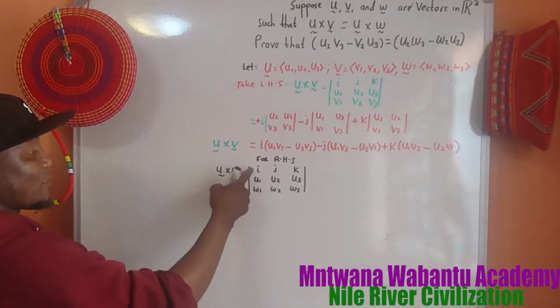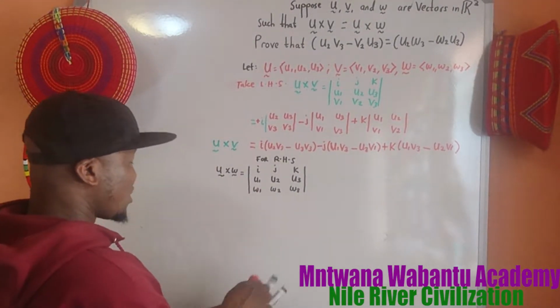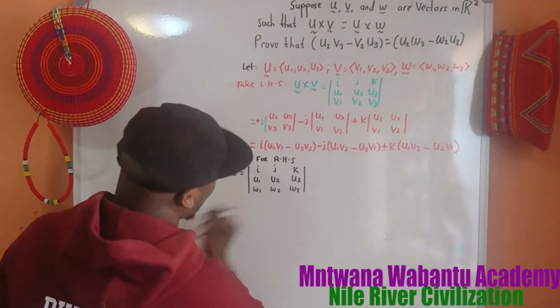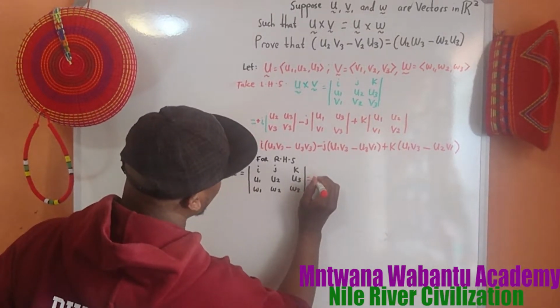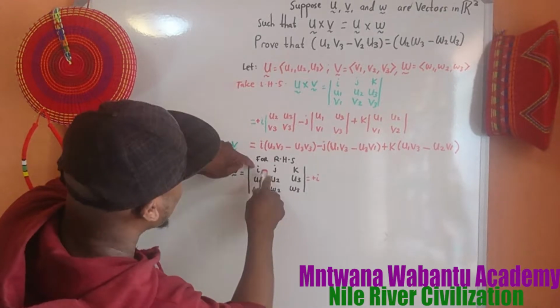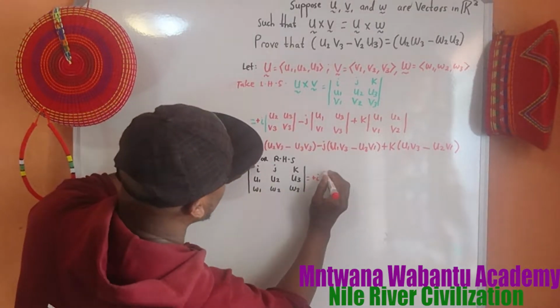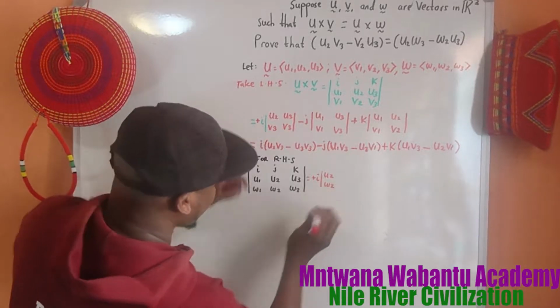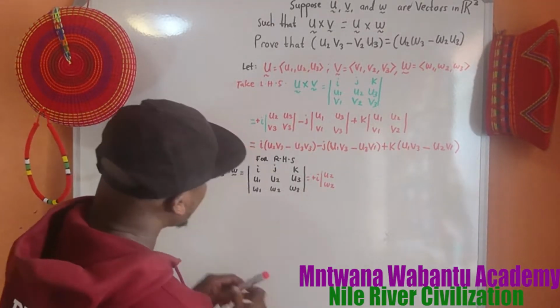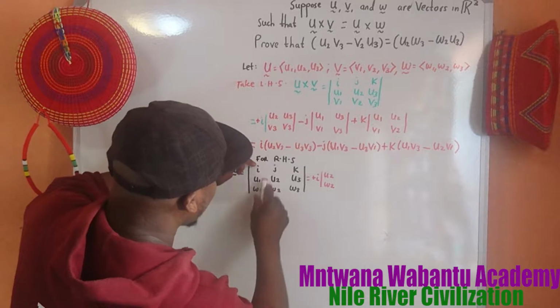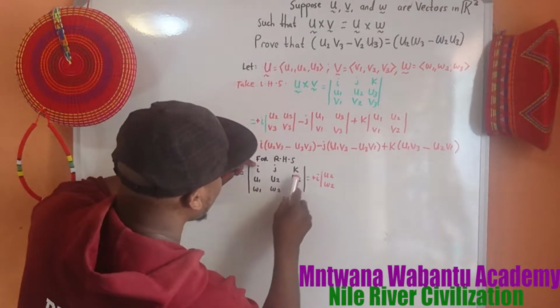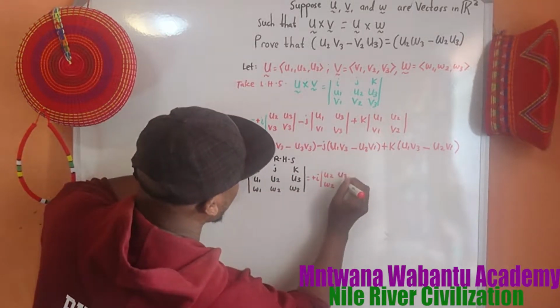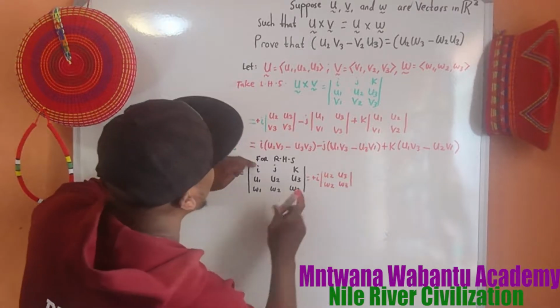We know the first one is going to be positive, so equal to positive I. I don't need this, I don't need this. So I'm going to need U2 and then W2, and then U3 W3. Now we go for the next one, J.